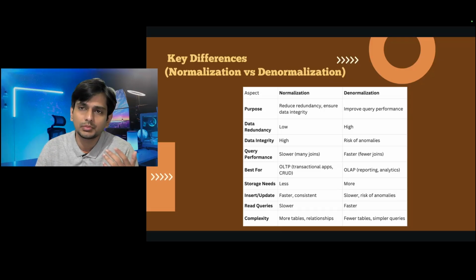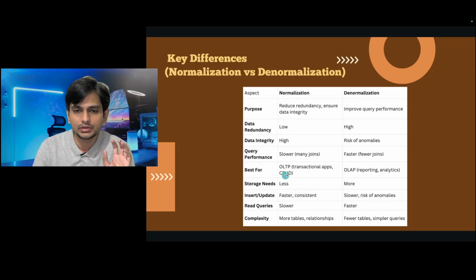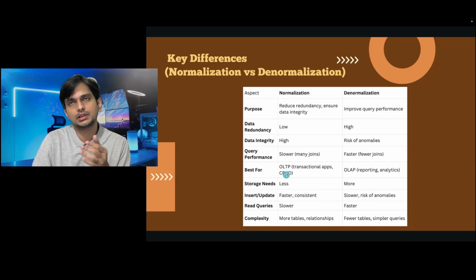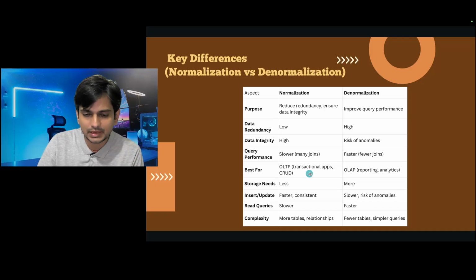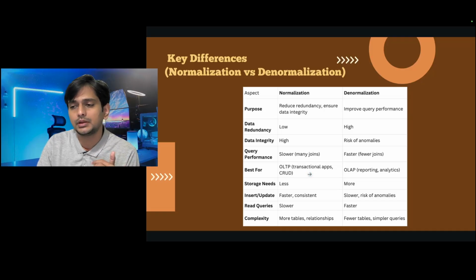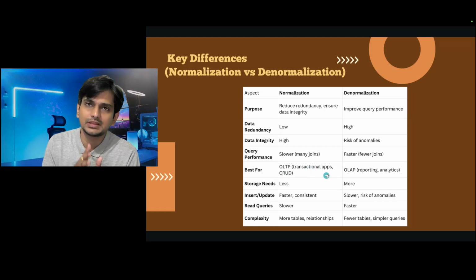Normalization is best for OLTP systems. That's what I was just saying, right? OLTP systems are, for example, transactional applications like banking, retail, and e-commerce applications. In those cases you go for normalization because a lot of insert, update, and delete operations are continuously happening there.